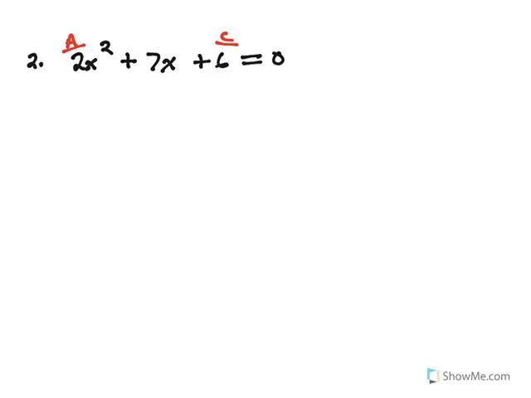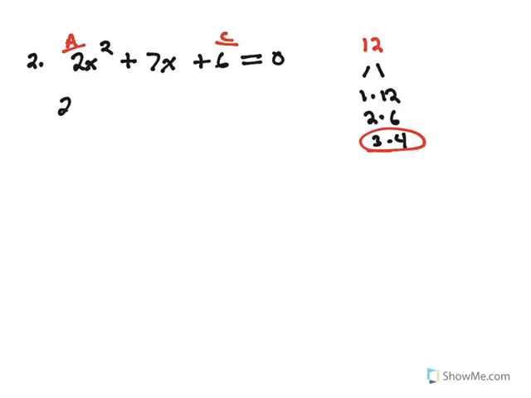So 2 times 6 is 12, and we want to find all the factors of 12. Well, 1 and 12, 2 and 6, and 3 and 4. The combination I'm interested in is what gives me 7 in the middle, and that's going to be 3 and 4 without a doubt.